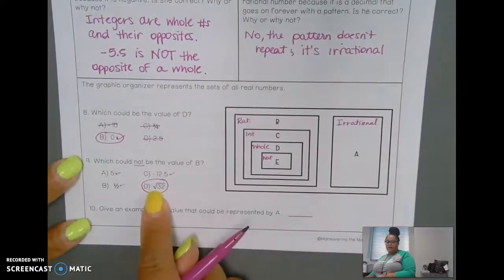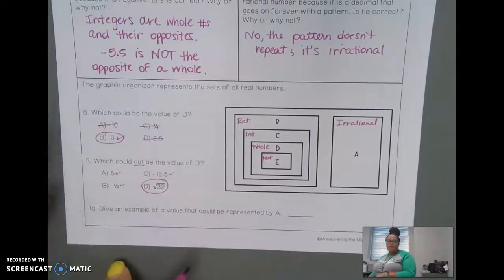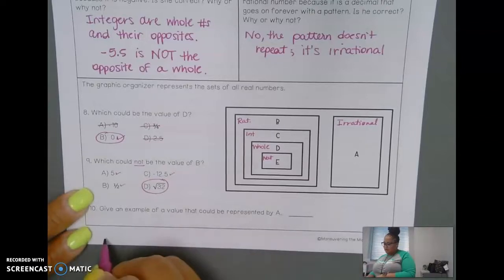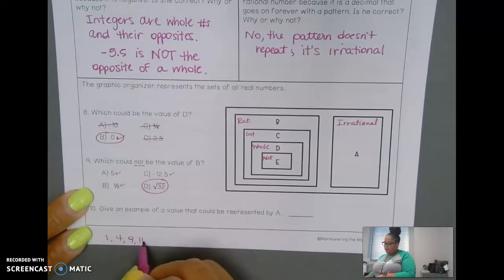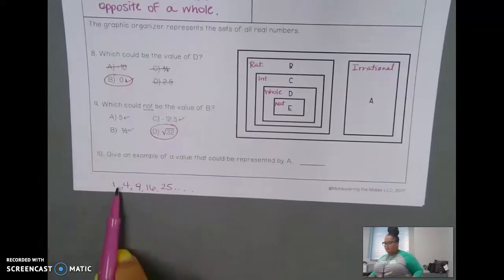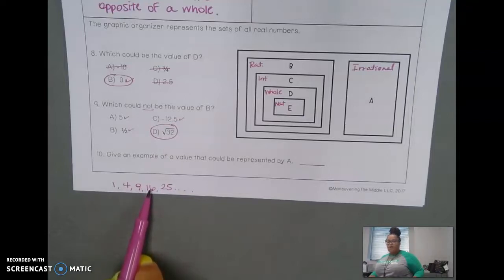Give an example of a value that could be represented by A. Well, there's one guy there. But remember, if we're talking about imperfect squares, we want the numbers that are not perfect squares. The perfect squares are 1, 4, 9, 16, 25, and so on. So I would choose a number in between 1 and 4, or between 4 and 9, or between 9 and 16, or between 16 and 25, and so on.